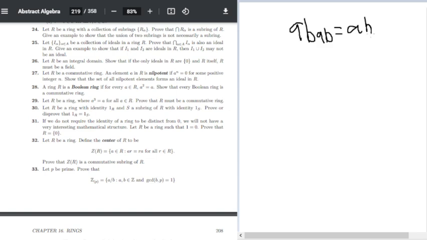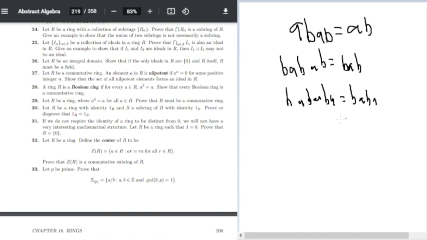We multiply on the left by B to get BAB is equal to BAB. Then BA is equal to BA. Same thing, okay.